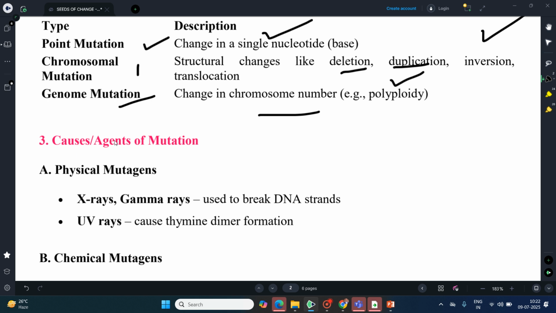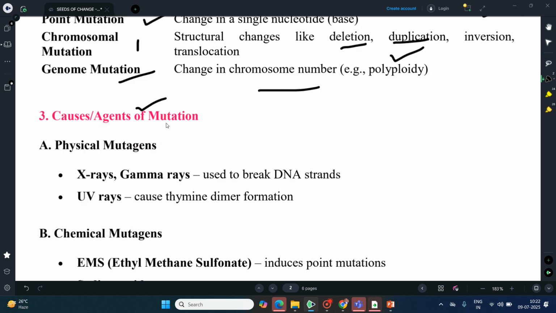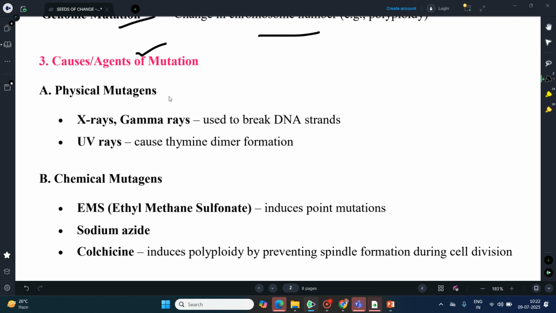And the causes and the agents that are involved in mutation of crops are physical and chemical mutagens, two types. In physical mutagens, X-rays and gamma rays are used to break DNA strands, whereas UV rays cause thymine dimer formation in the genes.